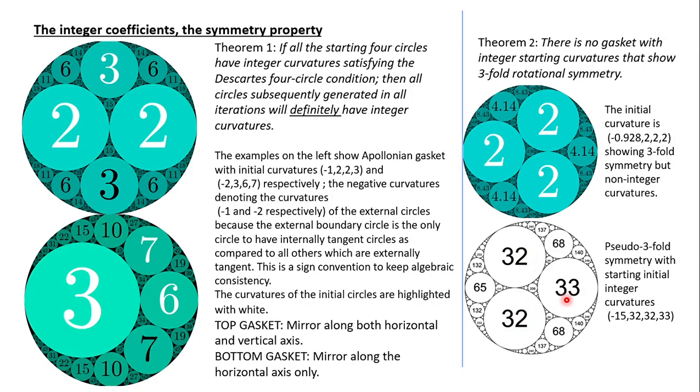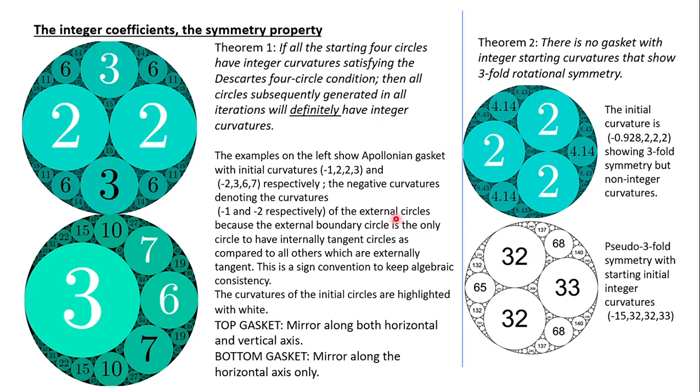So this is just one fuzzy thing, pseudo threefold symmetry with integers, getting as close as possible. It's minus 15, 32, 32 and 33, so it gives pseudo threefold.